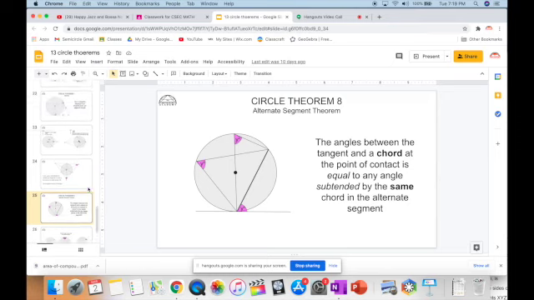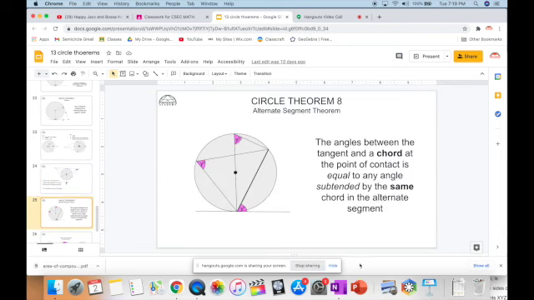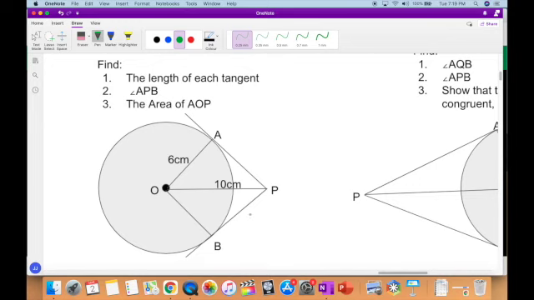So now that we have a little review of the theorems, let's try to get into it, right? You have to find the length of each tangent. That means from here to here. That is the length of the tangent, from this point here to this point here. You don't have to worry about any of this, right?